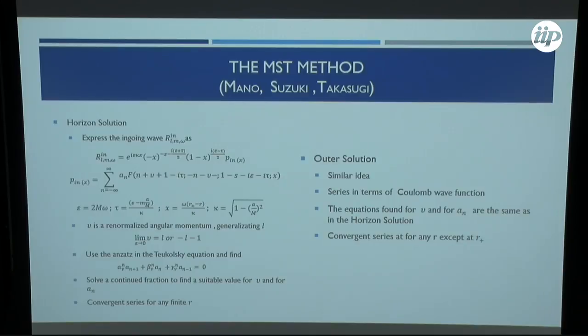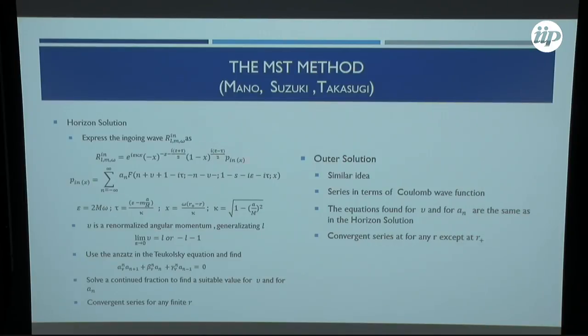So what is the MST method? This is a little bit more technical, but we get two solutions, near the horizon and near infinity, and you basically propose ansatz that account for these asymptotic regimes.